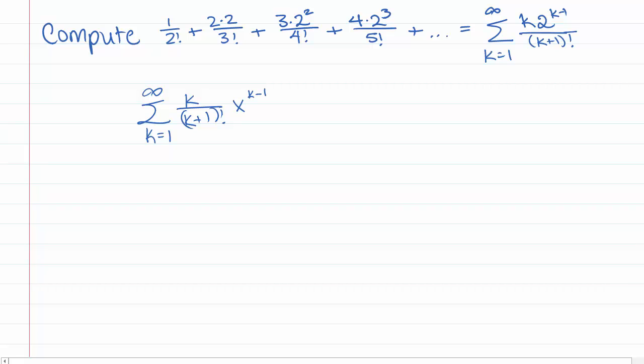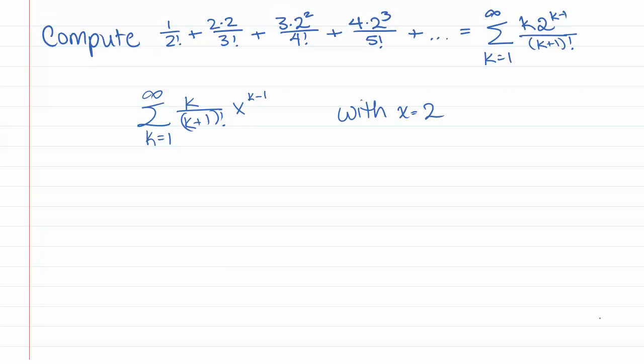And remember, that would mean we would care about that with x equals 2. Okay, so now we have a power series, and if we can figure out what function it is, then we could plug 2 into that function and find the sum of the series that we want.